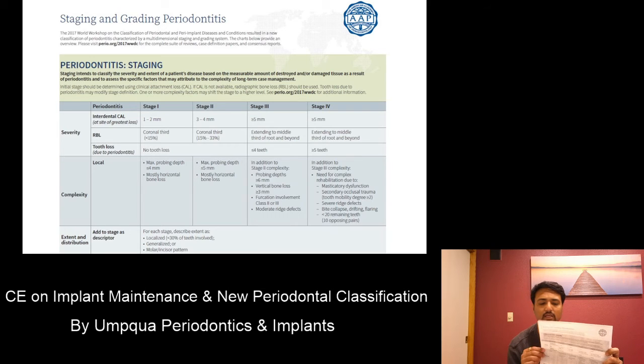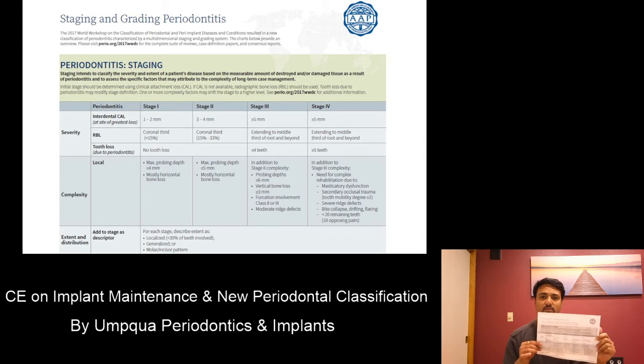As you can see under staging, there are three major categories: severity, complexity, extent and distribution. We are very familiar with severity and extent and distribution from the older classification. Severity: mild, moderate, severe, and very severe, which are stages 1 through 4, and I'm going to go into more detail about that.